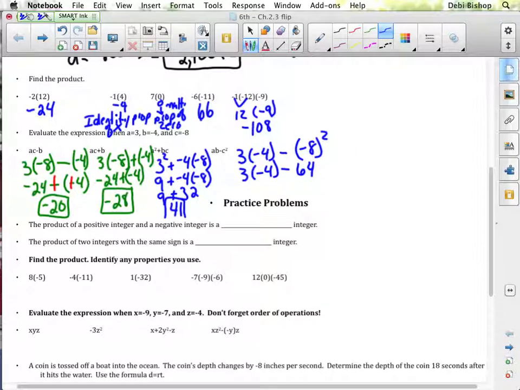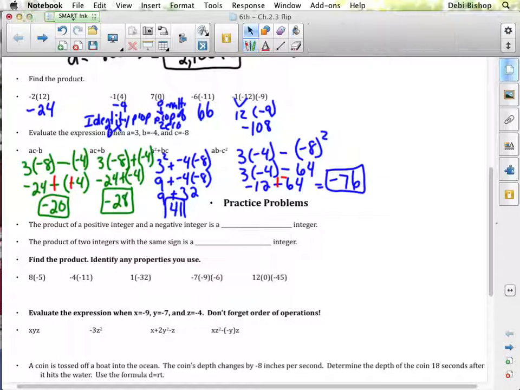Now, you have different signs. Negative 12 minus 64. We don't subtract in my class. We bam, bam. Negative 12 plus negative 64 equals negative 76. There you are. So now you need to do some practice problems, and we'll see you tomorrow.